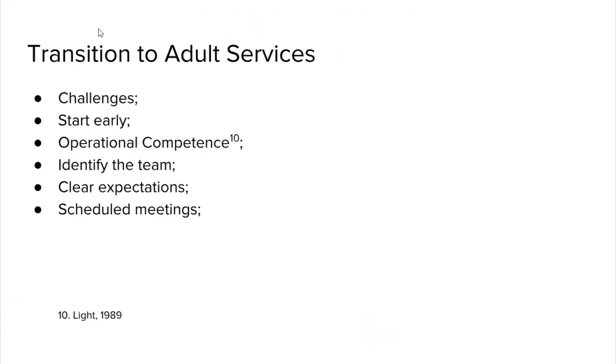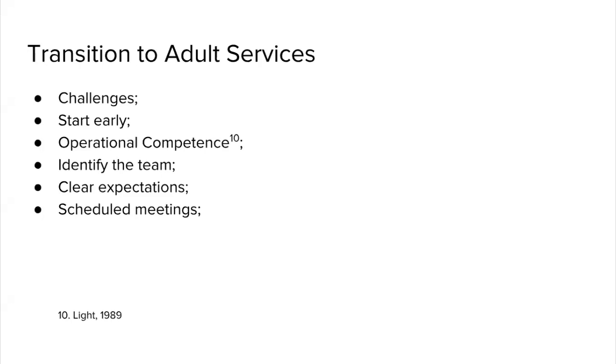All right, so I'm going to talk a little bit about transitioning to adult services now. So there are some challenges, all right? As I said before, many times people are coming from a high level of support, so when they're communicating, they have a lot of support around communication. People really understand what they're saying. They've maybe had staff that have been with them for a long time. They're in the residential setting, with a high level of staff members, and they kind of understand this person's got idiosyncratic ways of communicating.